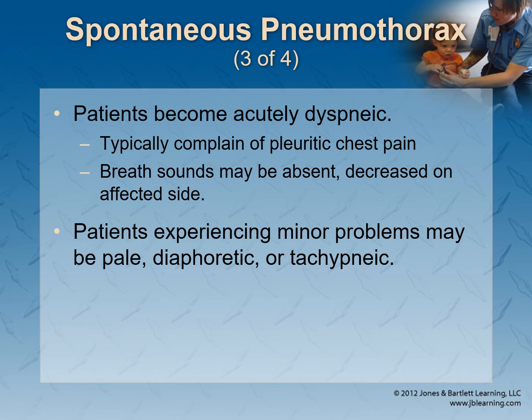But some of the signs and symptoms, especially early on, they could be a little pale, a little diaphoretic, they'll be breathing a little bit faster, but otherwise they're conscious, alert, oriented, talking to you, but they'll tell you, all of a sudden it got hard to breathe, I've got a little bit of pain in my chest, and I started sweating a little bit, and that's pneumothorax until proven otherwise.